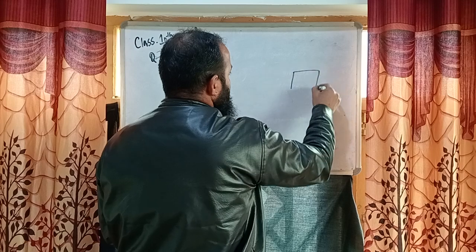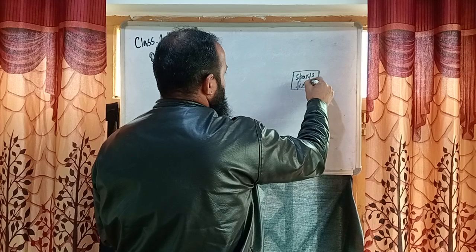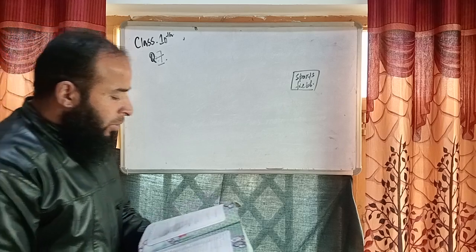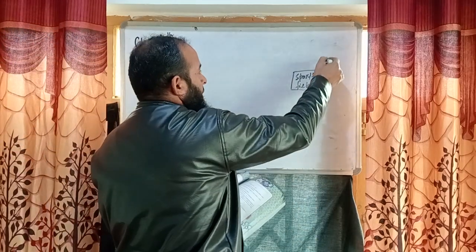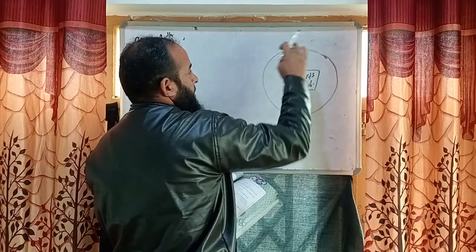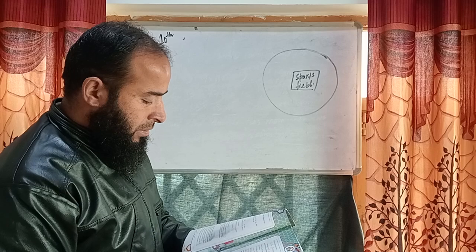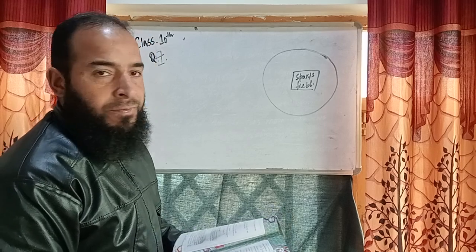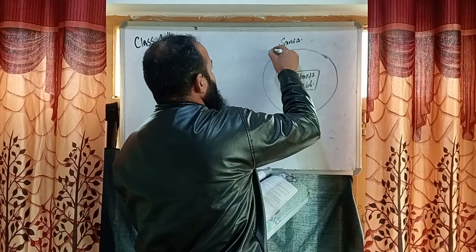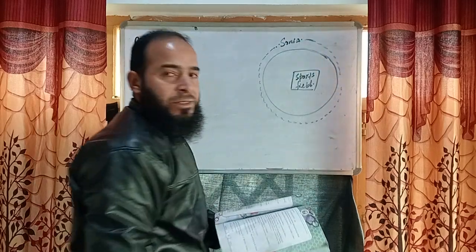Suppose this is a sports field, and there is a circular path around this. Sonia takes 18 minutes to drive one round of the field.